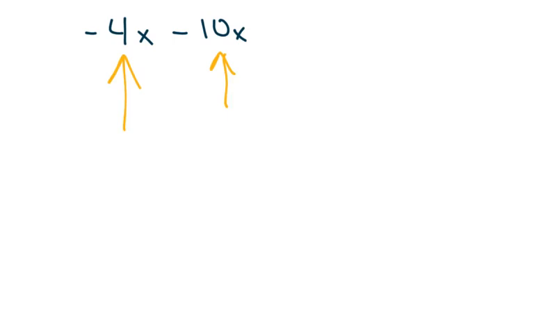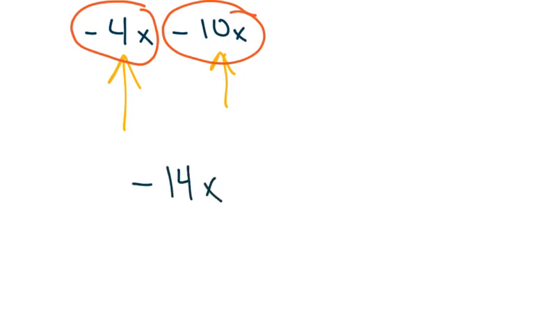So I'm going to just circle this with the sign and circle that with the sign, and I'm going to combine them like an integer addition problem. So -4 plus -10 is -14. So this simplifies to -14x, and that is the final answer.